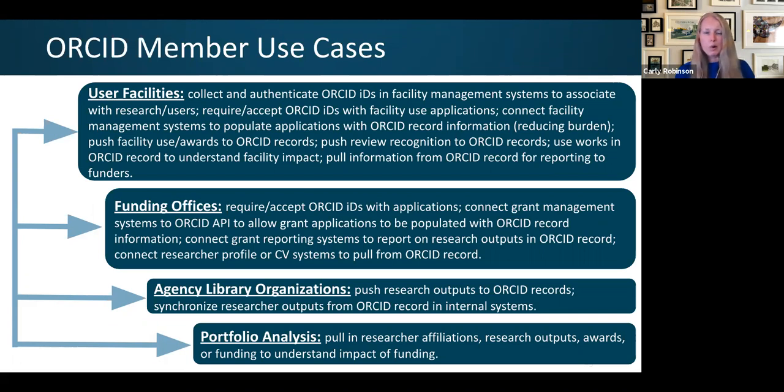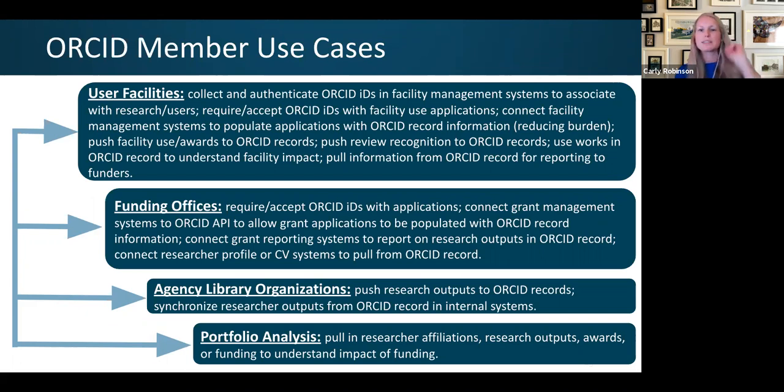You could require or accept ORCID IDs with facility use applications. So you could collect those IDs with applications. You could connect facility management systems to populate those applications with information in an ORCID record. This could help reduce administrative burden when folks are filling out applications. You could also push use of the facility into an ORCID record.